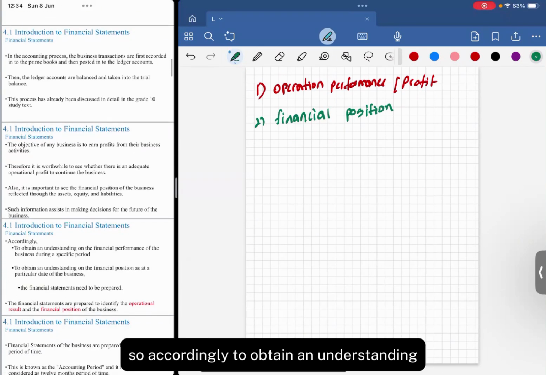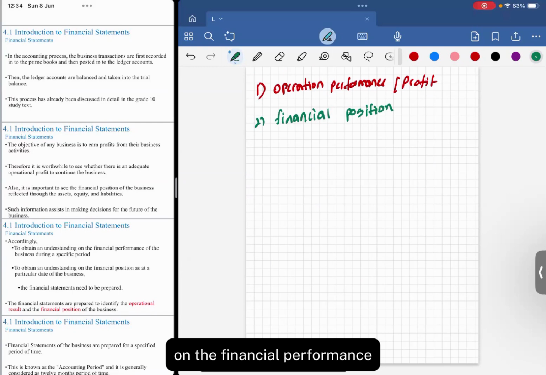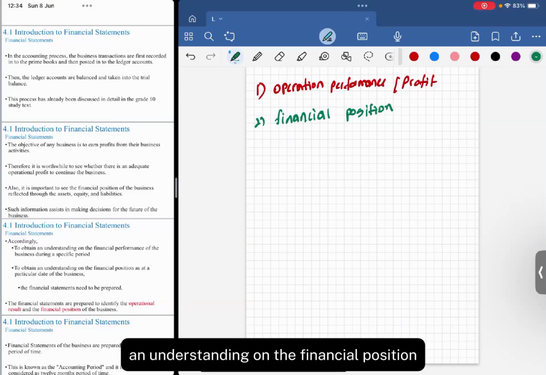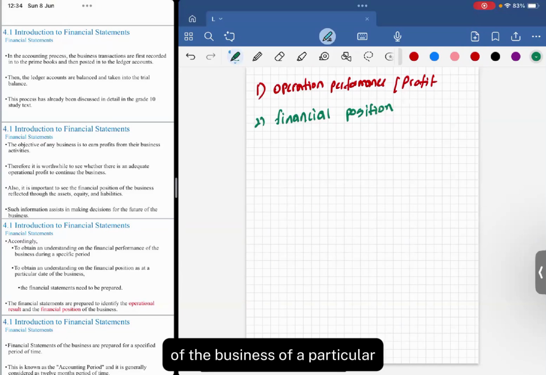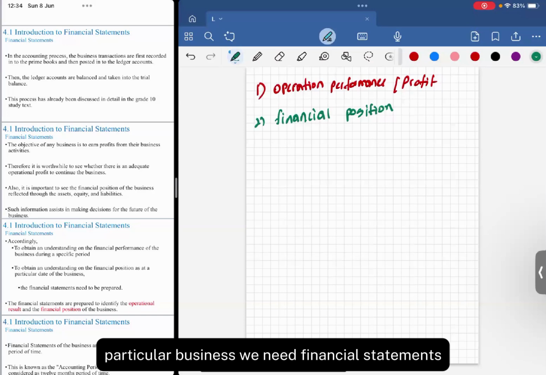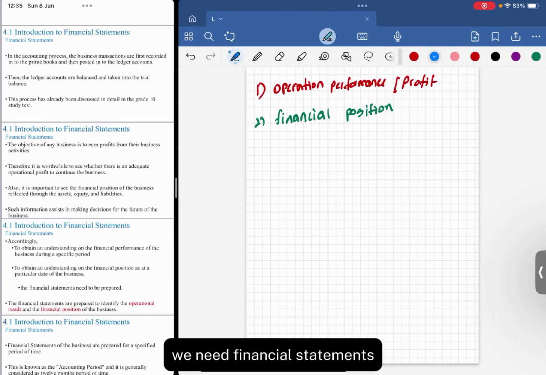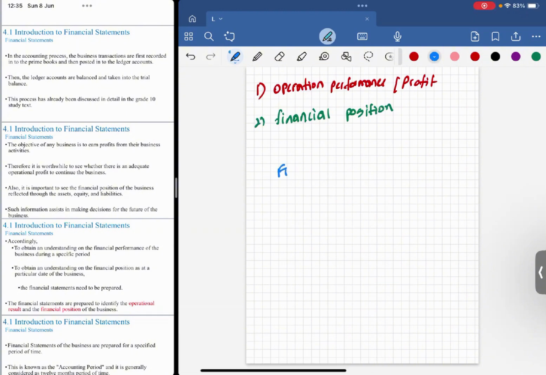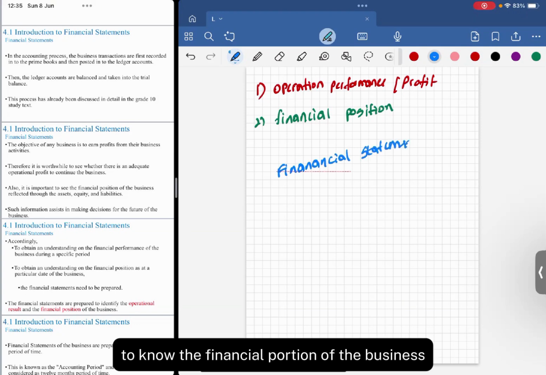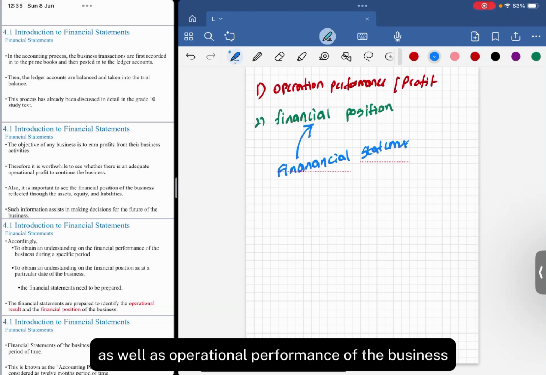So accordingly, to obtain an understanding of the financial performance of the business during a specific period, and to obtain an understanding of the financial position of a particular business, we need financial statements. We need financial statements to know the financial position of the business as well as the operational performance of the business.